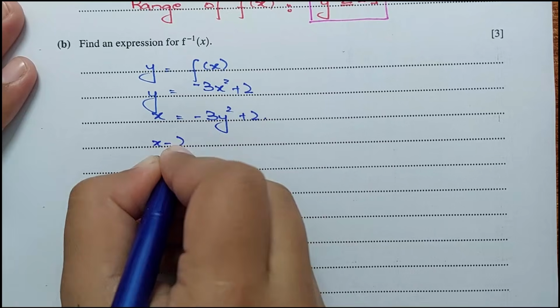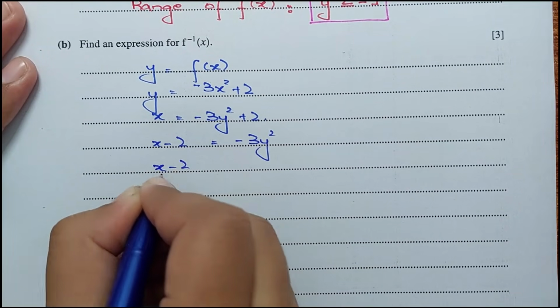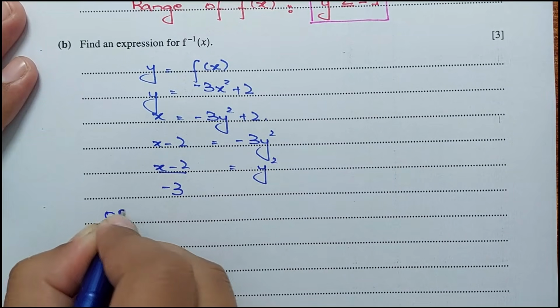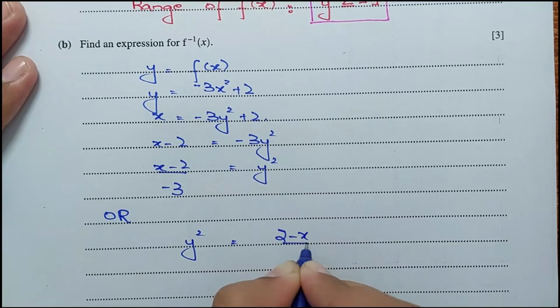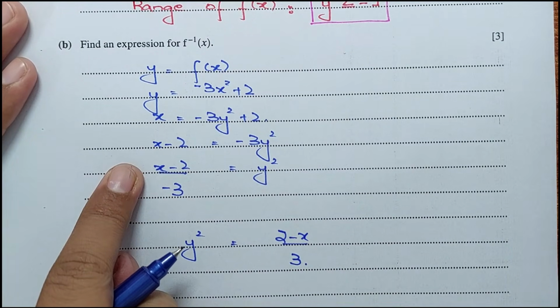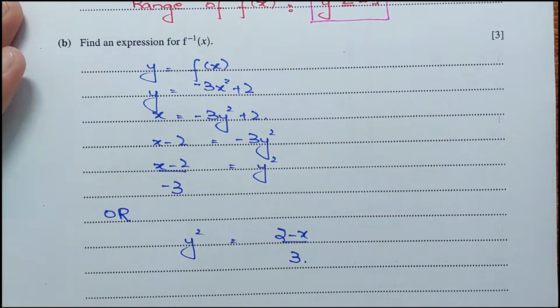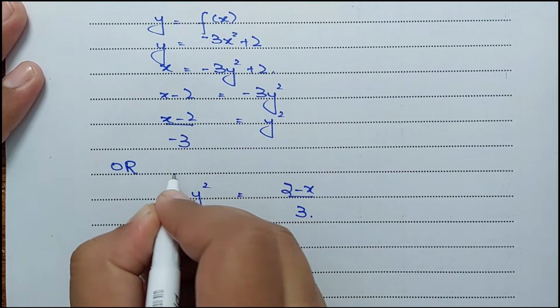So x minus 2 would be equal to -3y squared. x minus 2 divided by -3 is y squared. Or we can say y squared is (2 minus x) over 3. What I did over here, I took the negative sign common from the numerator. So it becomes x is negative and 2 is positive, and cancel both of them. Now to get the y value, we have to take a square root on both sides.